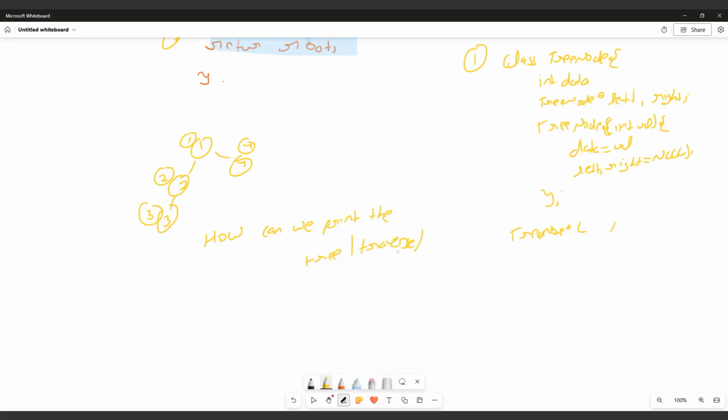Print means traverse. When you create an array, you also know how to traverse it, how to iterate through the array. So now we have created the tree. Now the question is, how can we traverse our tree?